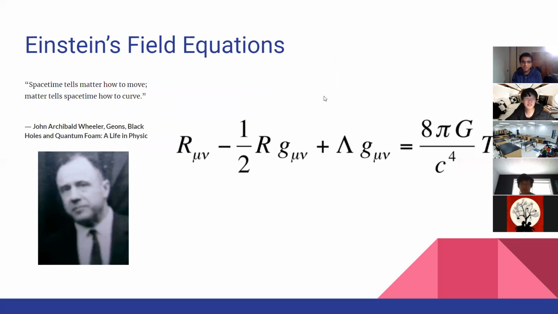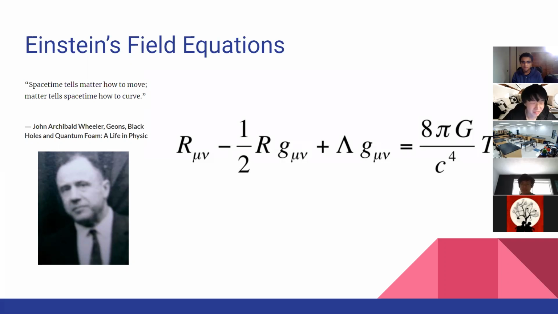One of Einstein's famous works is Einstein's field equations. I use equations, not equation, because Einstein's equation is actually 16 equations. Because we use tensors, we can write them in a really concise way.